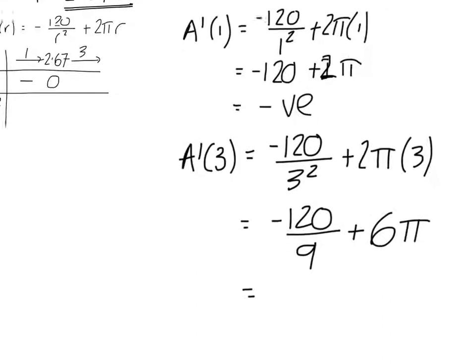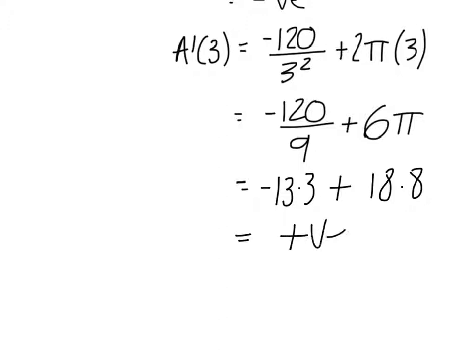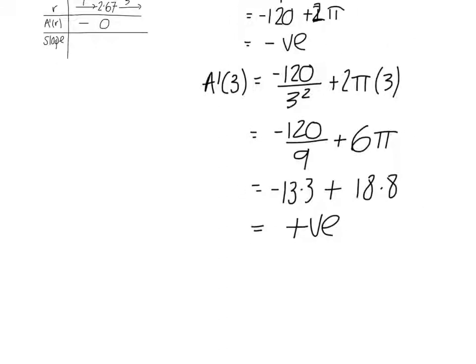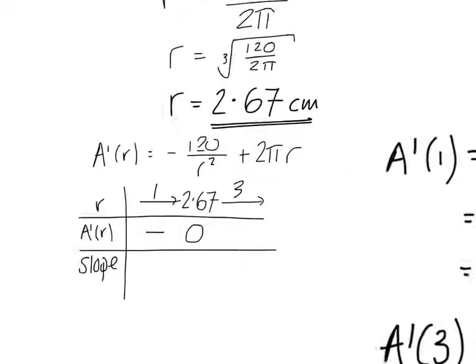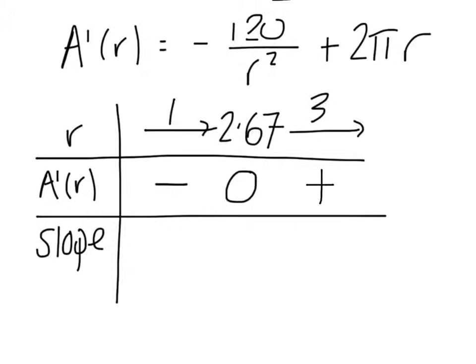So if we work that out, negative 120 over 9 is negative 13.3 approximately, and 6 times pi gives us 18.8 approximately. So without having to work out the actual answer, we can see that the answer will be positive, which means now we can take that back to our nature table and substitute it in. So we have a plus in here.